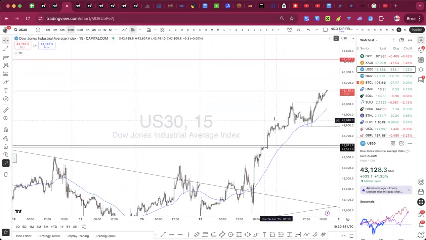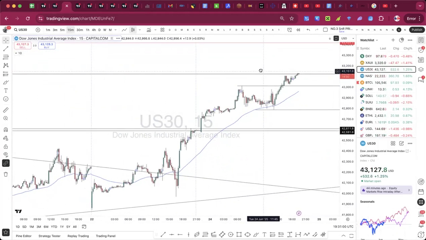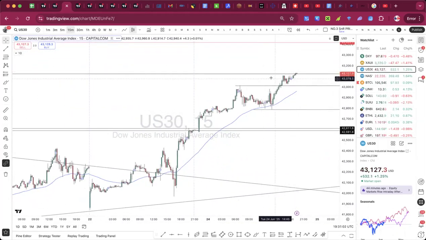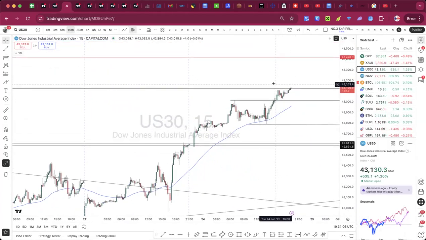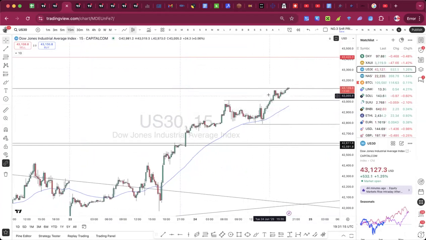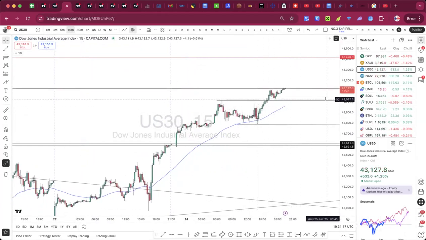So what should I do at this point? The only thing I can do at this point is to wait for this guy to break this point and retest, or better still, return back to this place. That will be looking for a buy. In a nutshell, it's still a buy opportunity, as it were.